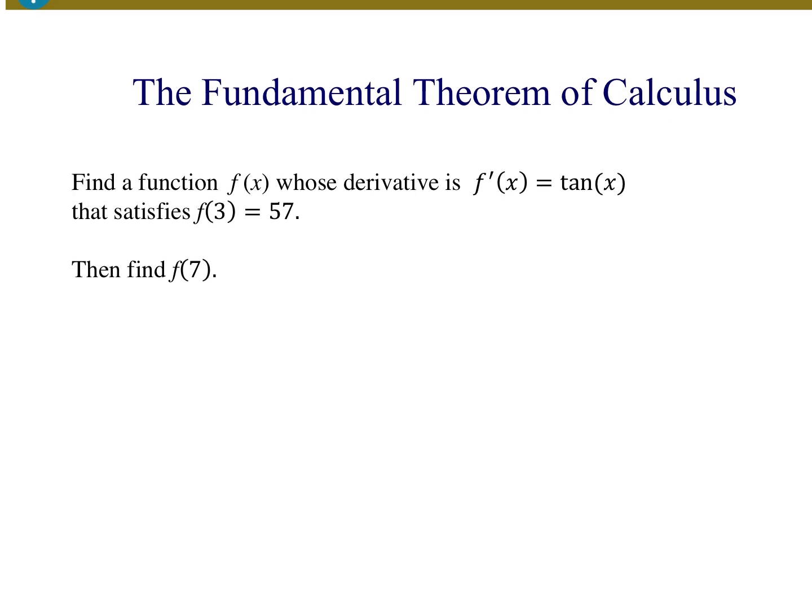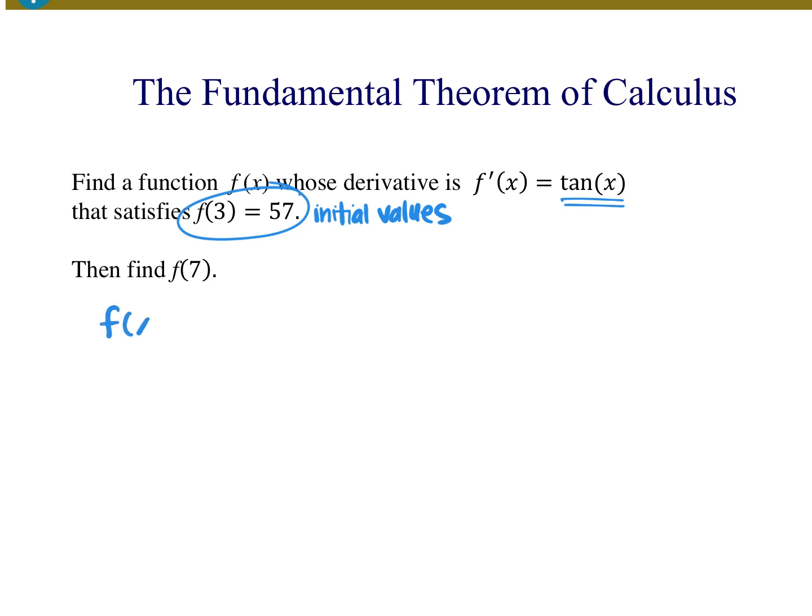Okay, so let's actually finish a question. Find a function whose derivative will be accumulating under the tangent curve, and we all know what a tangent curve looks like, that satisfies the initial value of f of 3 is 57, and then find f of 7. So first find f of x.